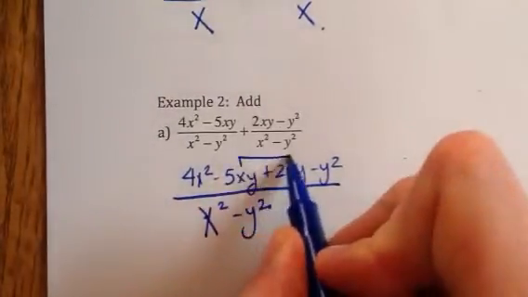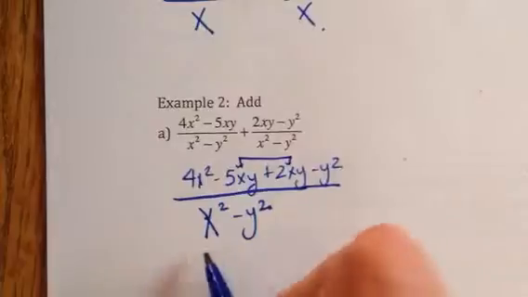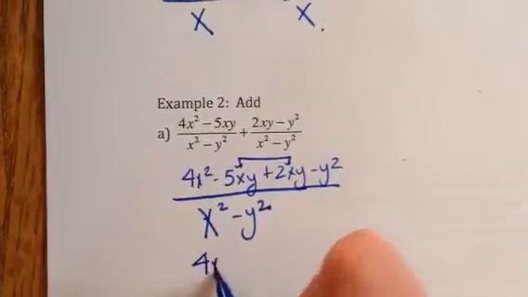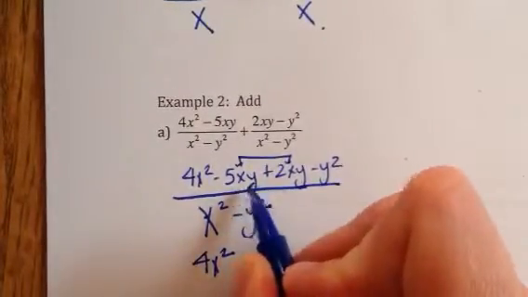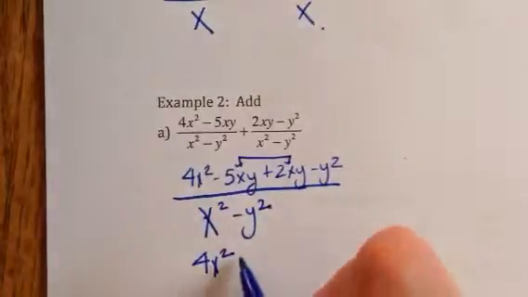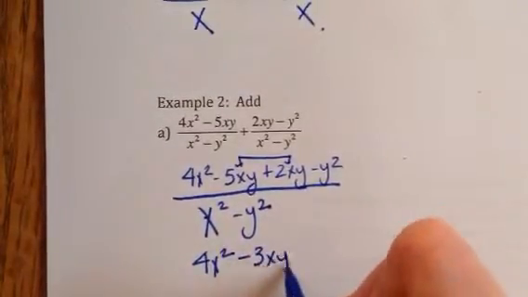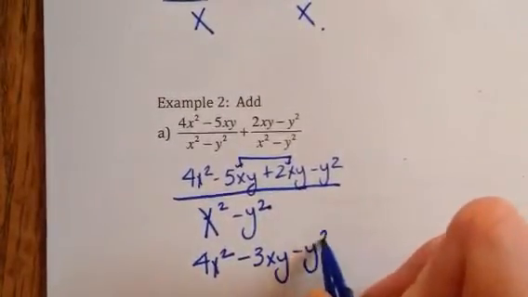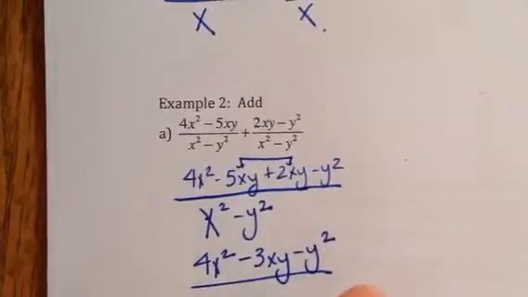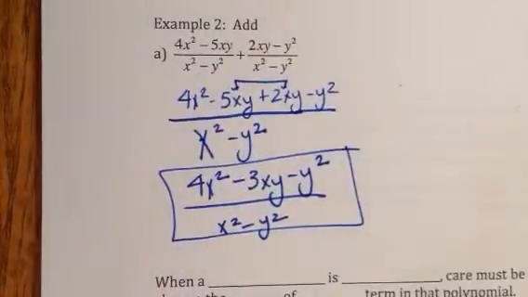My like terms are my xy. So I have 4x squared, negative 5xy plus 2xy would be negative 3xy, minus y squared over x squared minus y squared. So I have simplified.